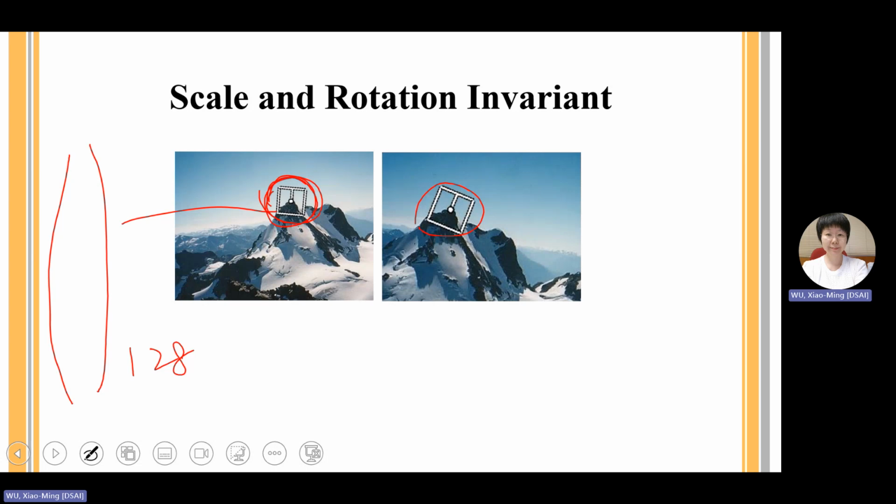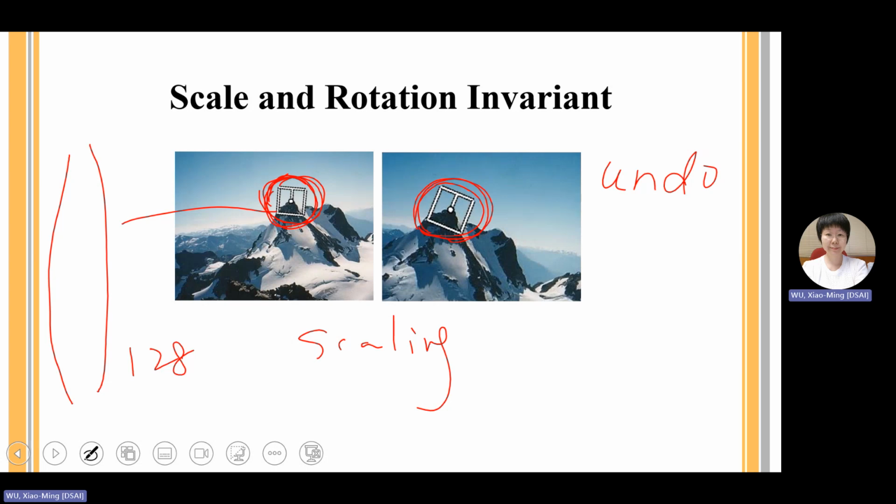As you can see, the sizes of the two patches are different, so we want to introduce how we can undo the scaling effect, and also their rotations are different.